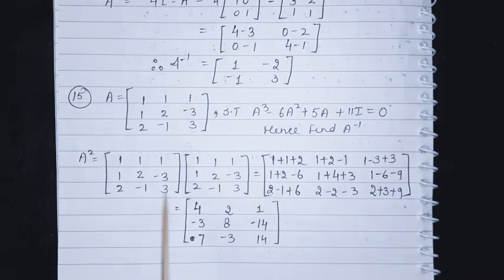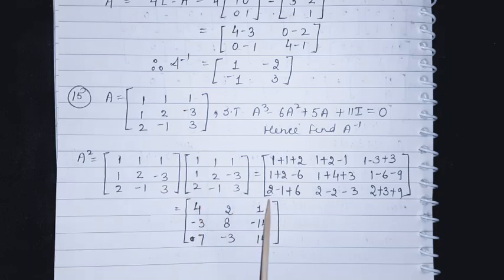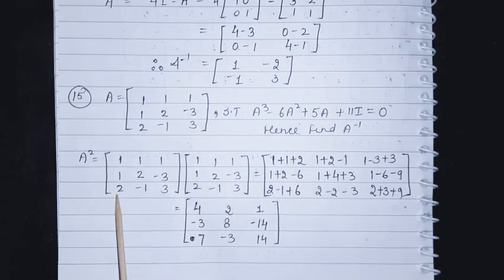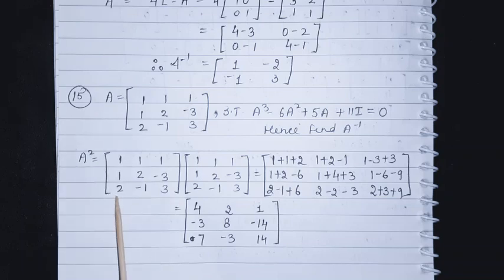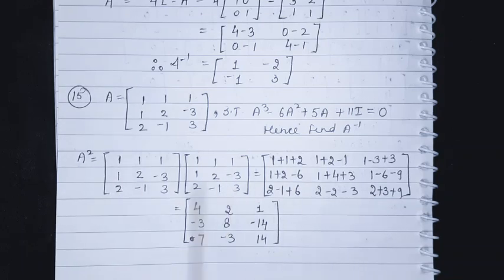Next element, that is third row first column, 2 into 1, 2, minus 1, and 3 into 2, 6. Next one, 2 into 1 is 2, minus 2, and 3 into minus 1 is minus 3. And the last one will be 2 into 1, 2, minus 1 into minus 3 is 3, and 3 into 3 will be 9.